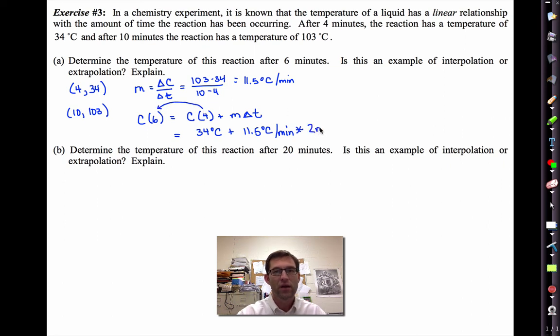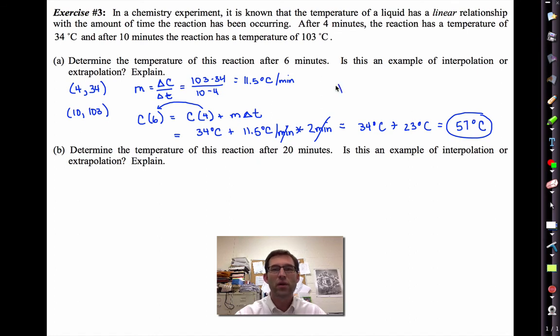Times 2 minutes. Watch how nice the units are. I don't need the equation of a line to do this. That will be 34 degrees Celsius, look at how the units cancel, plus 23 degrees Celsius, and that will give me 57 degrees Celsius.